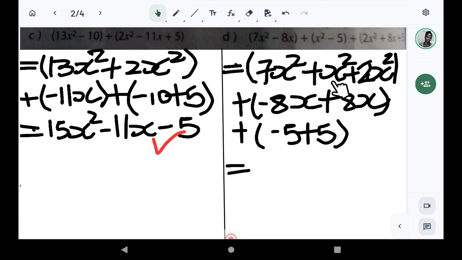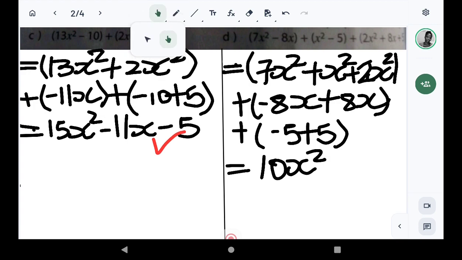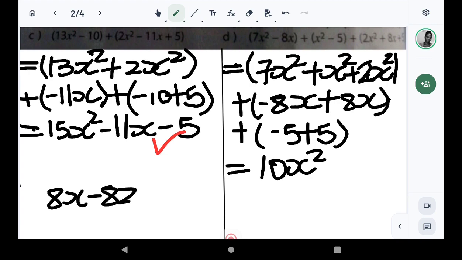Now we add. 7x squared plus 1x squared plus 2x squared: 7 plus 1 is 8, plus 2 is 10. So that gives you 10x squared. Negative 8x plus 8x is the same as 8x minus 8x, which gives you 0, so that is plus 0x.